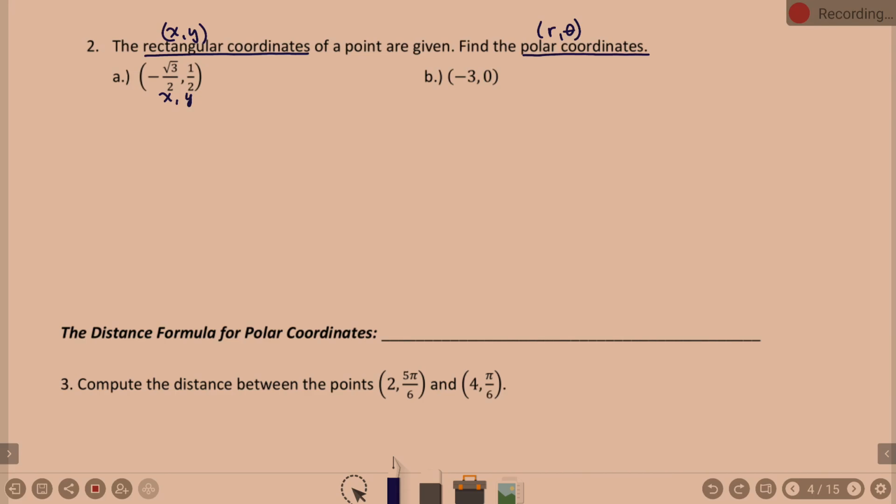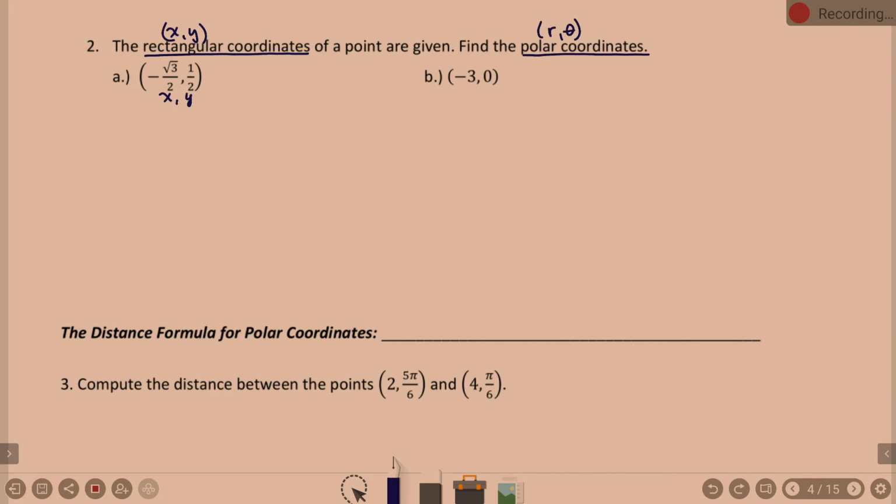I'll take you a different way than that. Would that work, though? You could plug r in for r, and you already have x and y. Then you just find theta. I'm going to go a different way with it, but I see what you're saying. Off the top of my head, I think it would work.